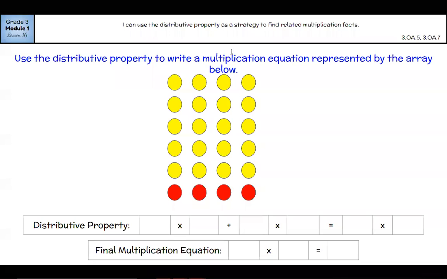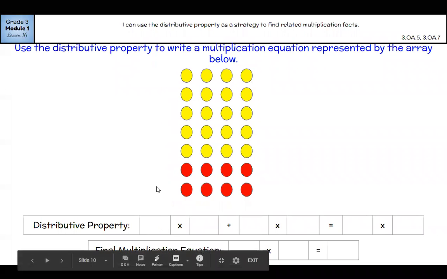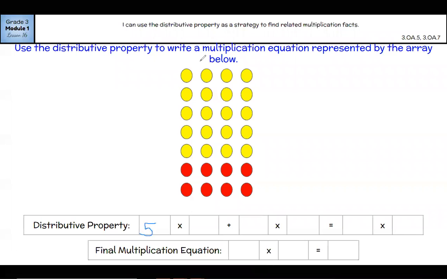Because remember, the commutative property says that those two factors can be flipped and we will still get the same answer. Use the distributive property to write a multiplication equation represented by the array below. So remember, the distributive property takes a big equation and pulls it apart to make 2 smaller equations to make it easier to solve. So if we look at the yellow dots in the array, we have 1, 2, 3, 4, 5 rows times how many in each row? 1, 2, 3, 4 times 4 columns plus 2 rows.